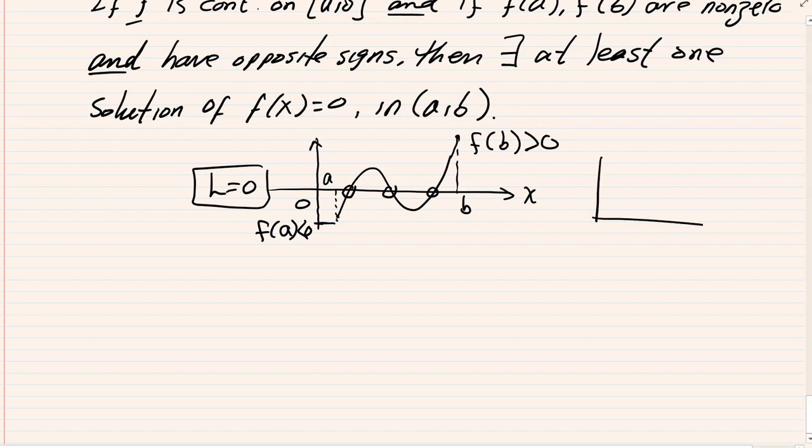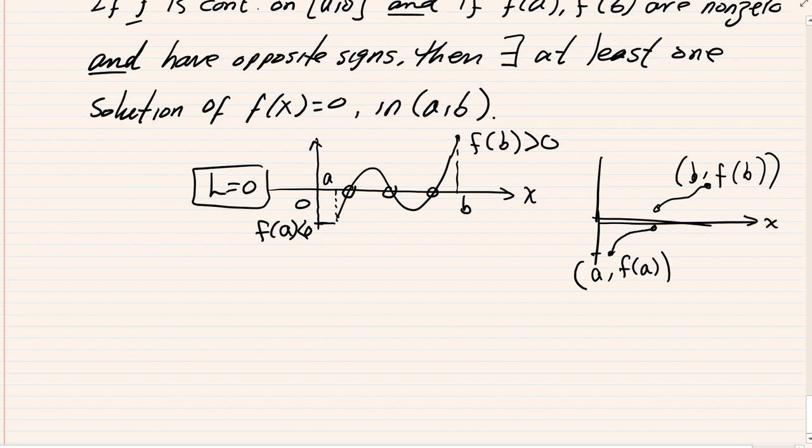For example, this is what I mean. Let's say it's negative. It comes here. And then right here it jumps. See, there's no x-intercept. And this is f at b, isn't it? And let me make this f at a. So this is a, f at a, and call this b, f at b.